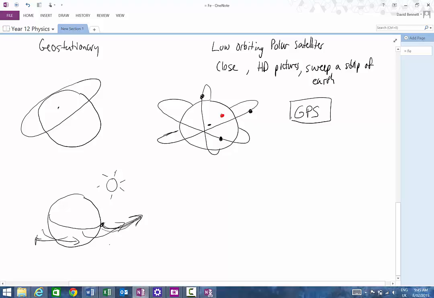If you look in your physics application book, you'll see those calculations. But certainly, going with the Earth's rotation and launching closer to the equator will save you a lot of fuel, and that's quite a big saving when you look at the cost of launching rockets or satellites into space. So that's an important factor to keep track of.